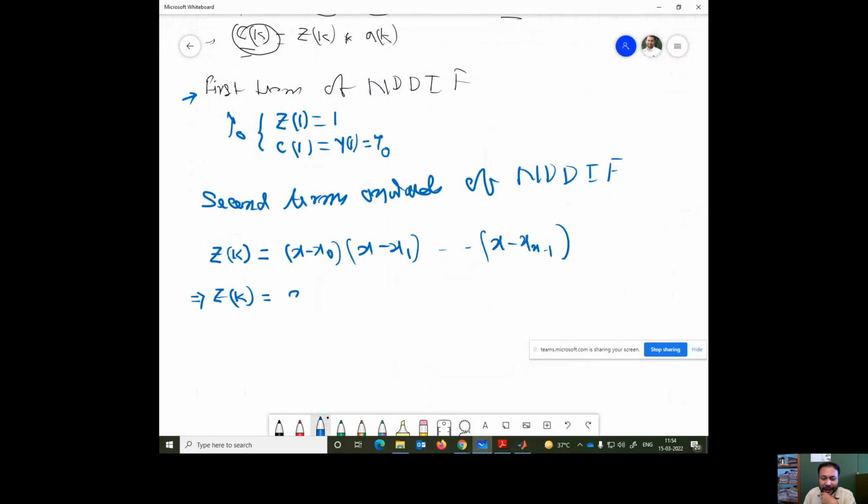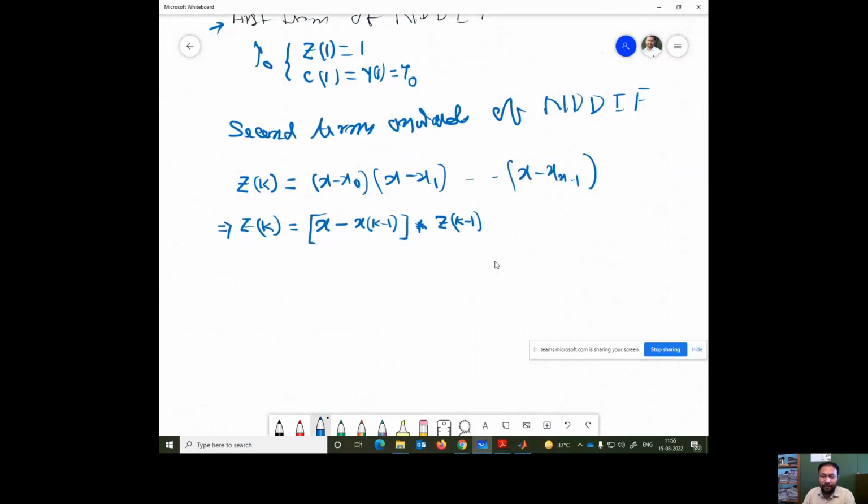Can I write zk like this: x minus the x location at k minus 1, multiplied by z k minus 1? Can I write it in this form?